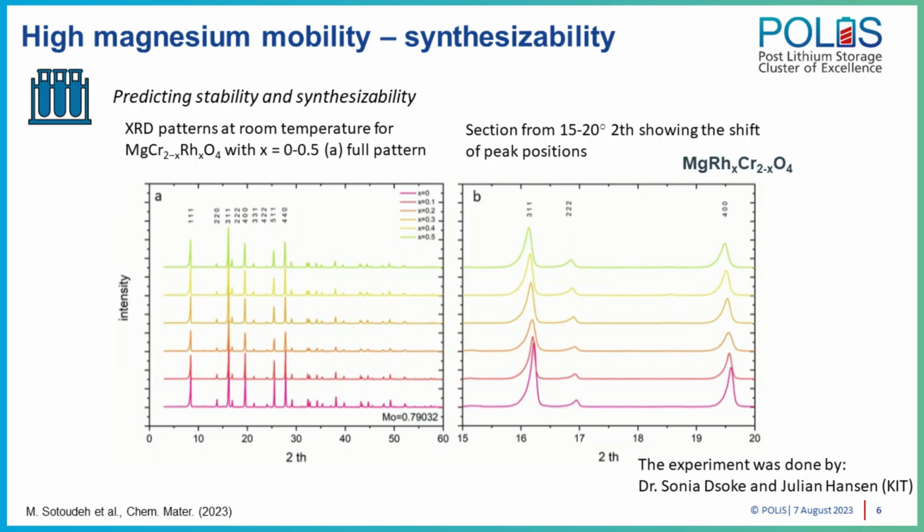For example, from 0 to 0.5 doping, we were successful, and we also used the XRD pattern, and we found that we can synthesize this material without changing the crystal structure.